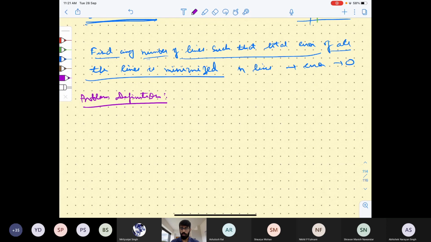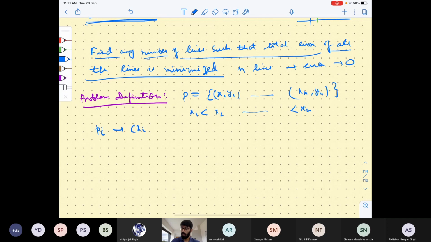Okay. So suppose we are given some set of points P equal to x1 y1 to xn yn, and x1 is less than x2 is less than xn. Let's say Pi is the point xi yi.